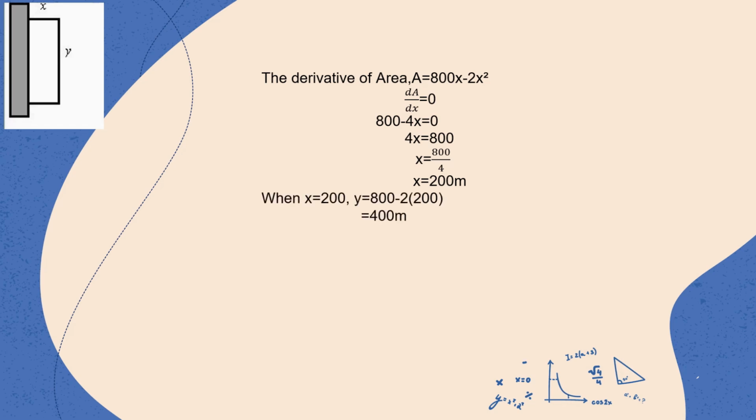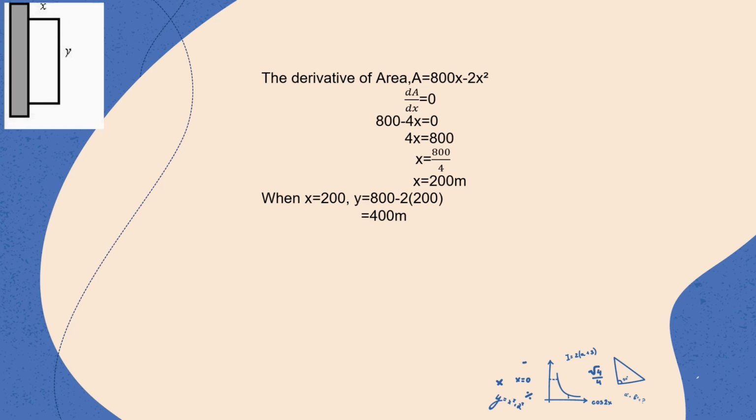And then, now that we know the x value is 200 meters, we put it into the equation for y, so y equals 800 minus 2 multiplied by 200, and we get y equals 400 meters. Now the question wants us to get the maximum value.